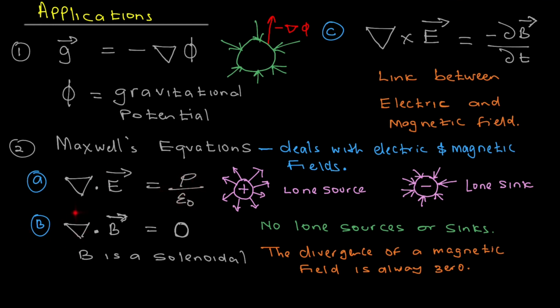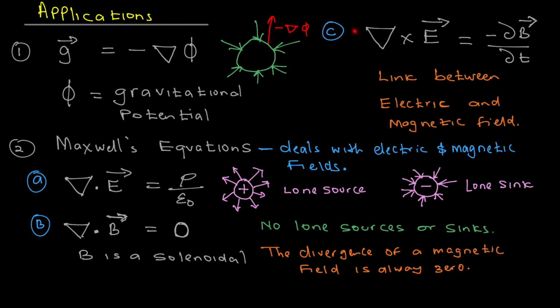Another Maxwell equation applies to the magnetic field. The divergence of a magnetic field is always 0, and B is solenoidal, which means there are no lone sources or sinks.